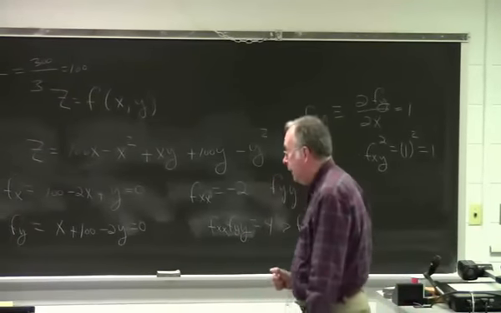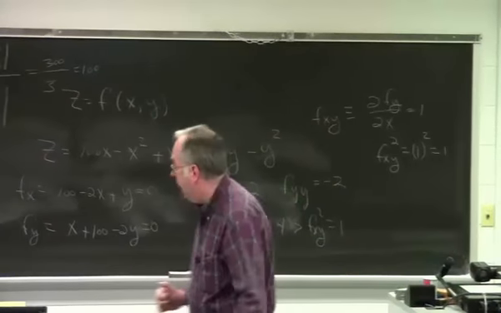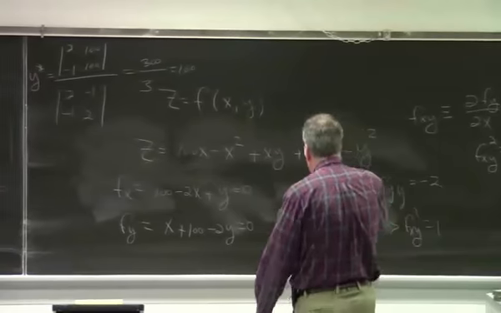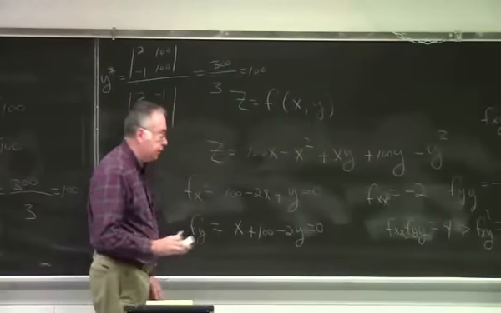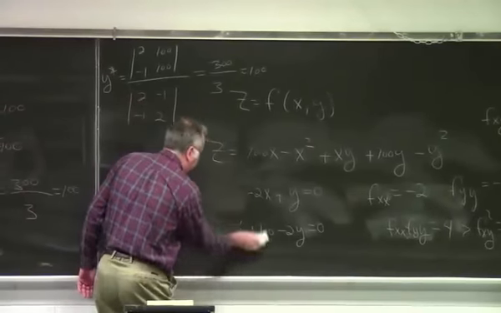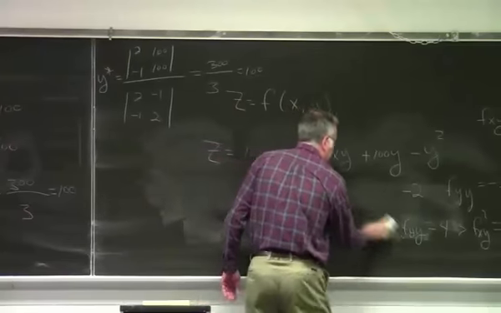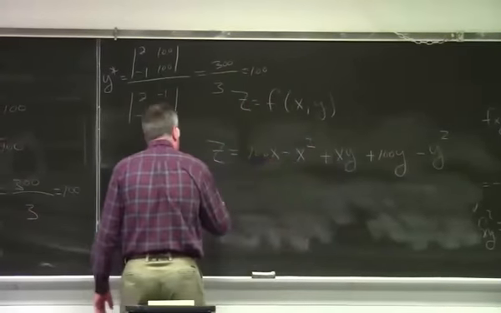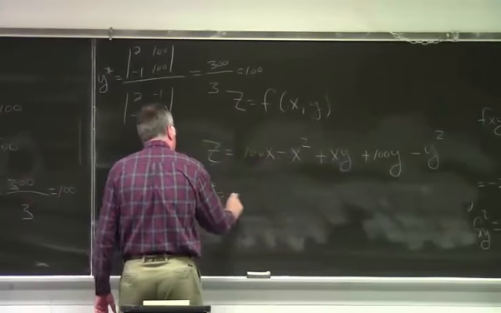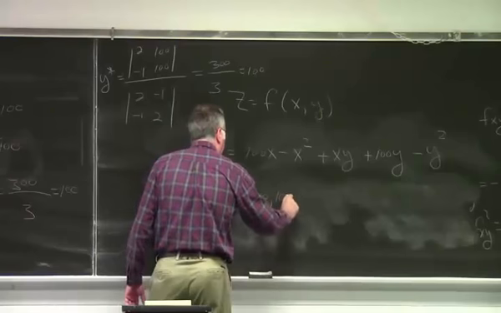And that means that the maximum value of z is found by just substituting back into this function, x equals 100, y equals 100. So let's call this value z star. Z star is just f evaluated at 100 and 100.